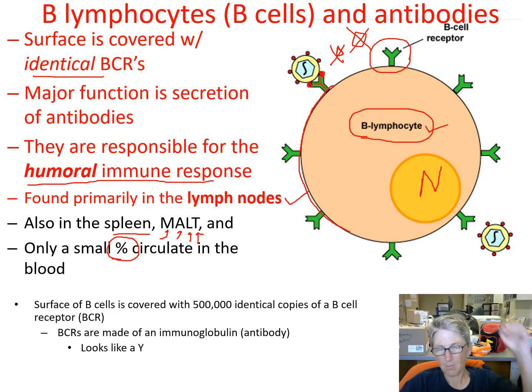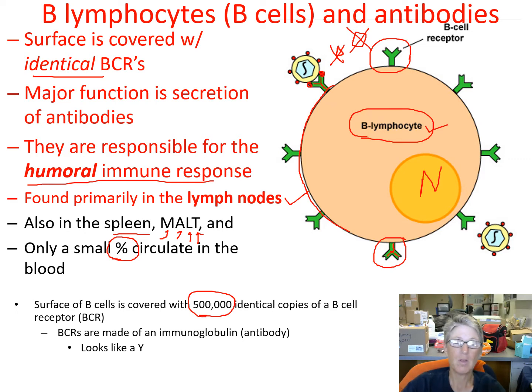A surface of a B cell could be covered with up to 500,000 identical copies of a B cell receptor. And B cell receptors are made out of an antibody. So if you know anything about antibodies, they have this Y shape, right? So the B cell receptors and then the antibody that those B cells secrete would be almost identical.